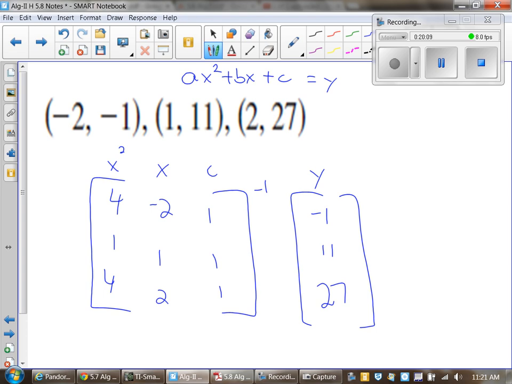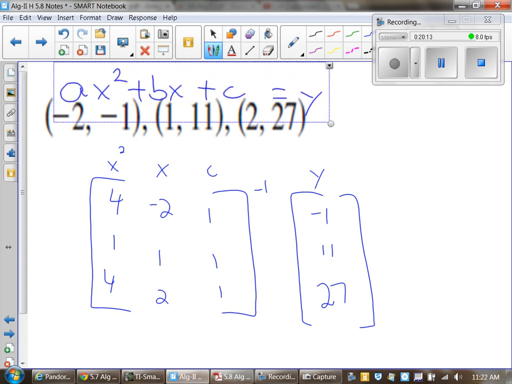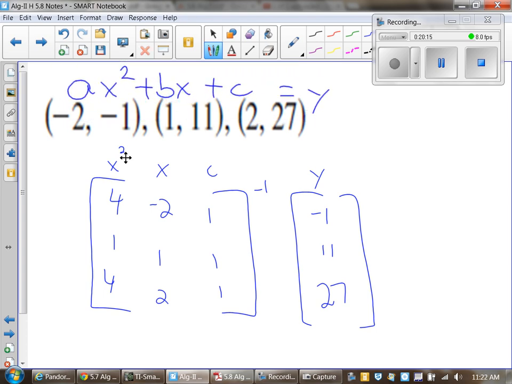I'm so good. Remember, when you are doing this, you're substituting in x squared, x, and figuring out what the coefficients are. It was 4a minus 2b plus 1c. X squared: what's negative 2 squared? 4. What's 1 squared? 1. What's 2 squared? 4.